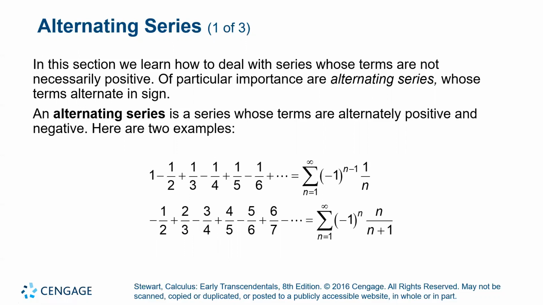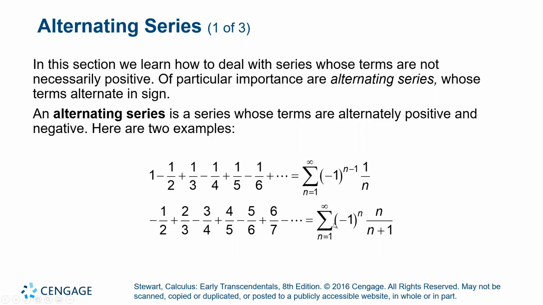Well, it's all about whether you want your very first term to be positive or negative. So in this top one, when n equals 1, we would have -1 raised to the 1 minus 1. Well, 1 minus 1 is 0, so we'd have -1 raised to the 0. Anything raised to the 0 is 1, therefore this is positive 1, which means your first term is positive and then you start with the negative terms.